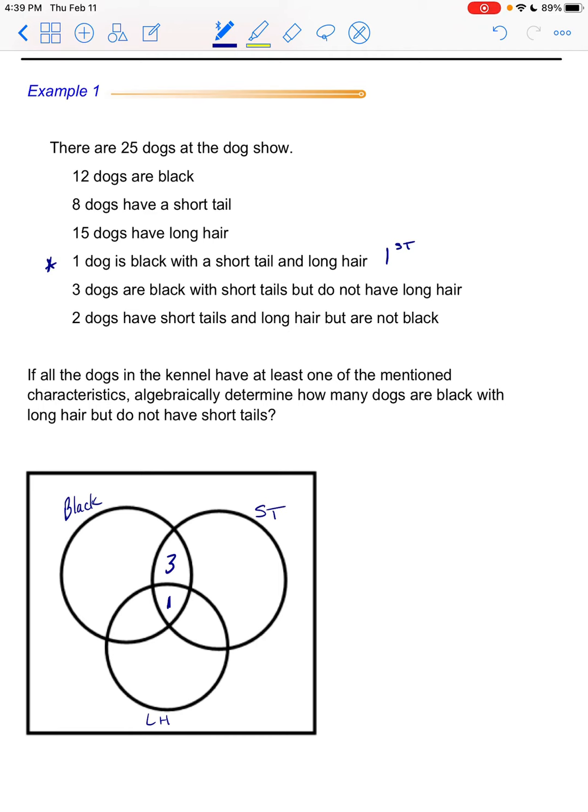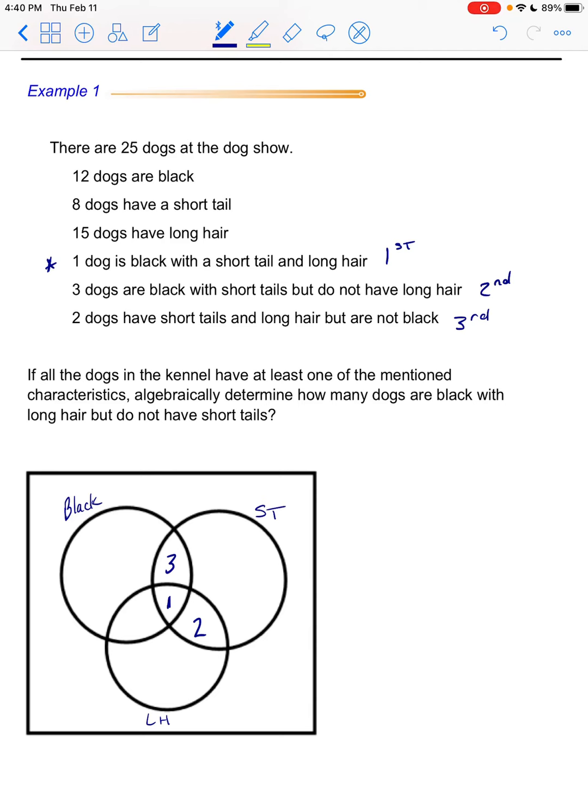Okay, so that's the second thing. Next we have 2 dogs have short tails and long hair and are not black. So they're giving us enough information about these dogs as well to know that short tail, long hair, and not black would go in that overlap, that intersection.